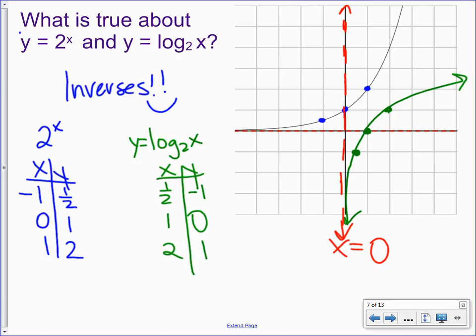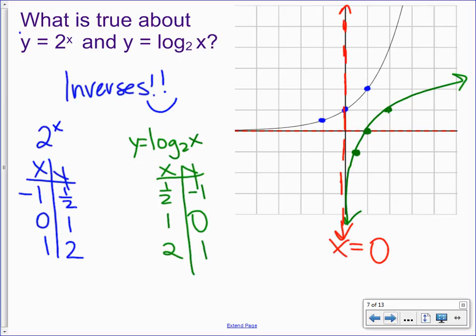First of all, these coordinates switch places. So now, where is our -1, 0, 1? In the y column, right? So when we talk about graphing logarithms, I still want you to think about those points -1, 0, 1, but since logarithms are inverses, they're going to be in the y column.